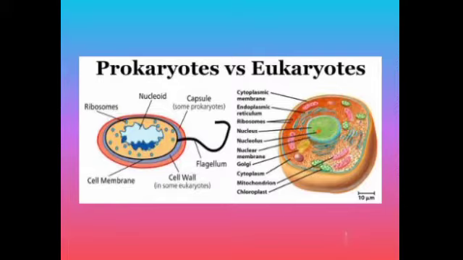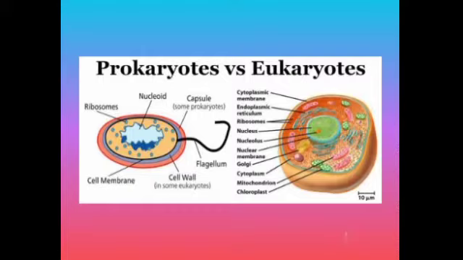Prokaryotic cells do not have well-defined nucleus, whereas eukaryotic cells have a well-defined nucleus. Prokaryotes contain a single strand of circular DNA, but eukaryotes contain more than one chromosome.